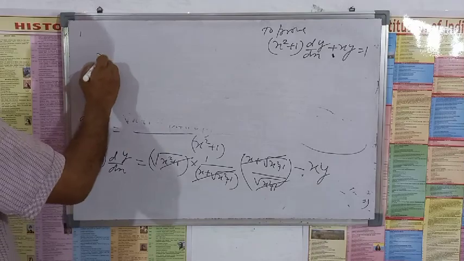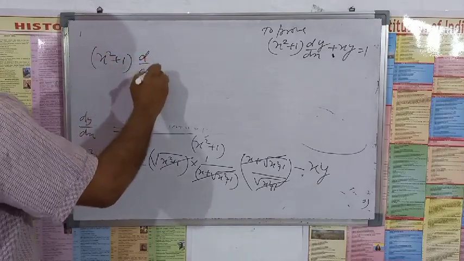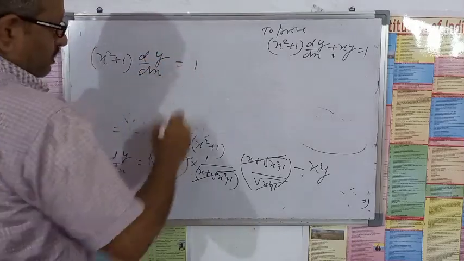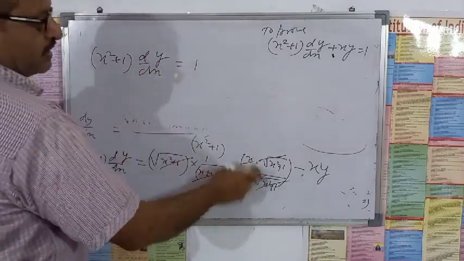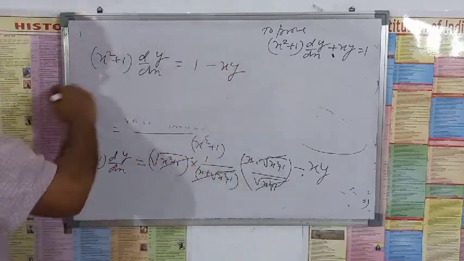So it will become x square plus 1 d by dx of y is equal to, this part is cancelled, so 1 minus xy. Transpose xy to the left side.